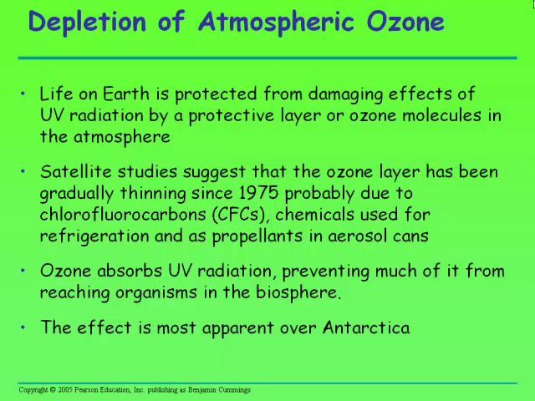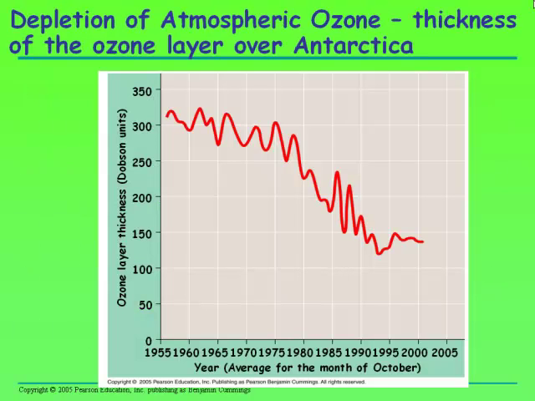Satellite studies suggest that the ozone layer has been gradually thinning since 1975, probably due to chlorofluorocarbons, CFCs, which are now outlawed, chemicals used for refrigeration and as propellants in aerosol cans. Ozone absorbs UV irradiation, preventing much of it from reaching organisms in the biosphere. It is most apparent over Antarctica.